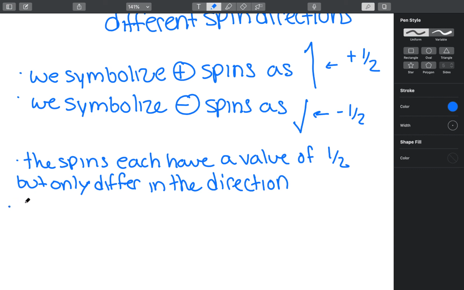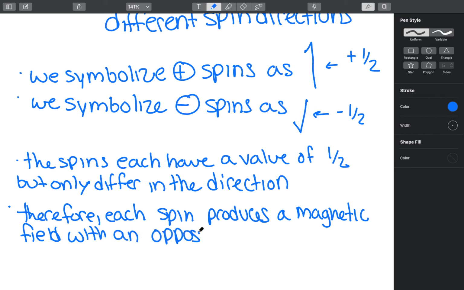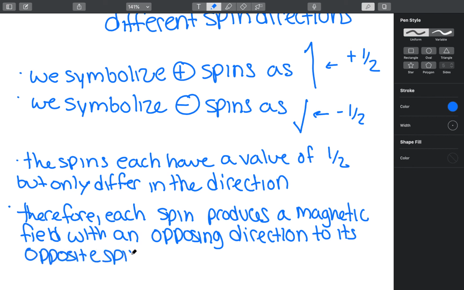Therefore, each spin produces a magnetic field with an opposing direction to its opposite spin. So the plus 1/2 spin produces a magnetic field that is opposite in direction to the minus 1/2 spin.